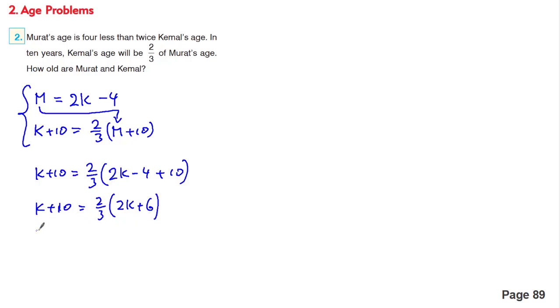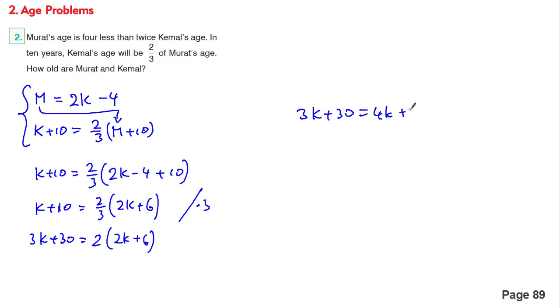Let's multiply by 3, you get 3k plus 30 is 2 times 2k plus 6. Getting rid of these brackets, 3k plus 30 is equal to 4k plus 12. Subtracting 3k, you get 30 is equal to k plus 12. Subtracting 12, you get k is 18.